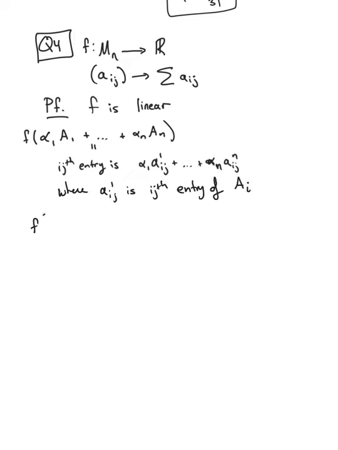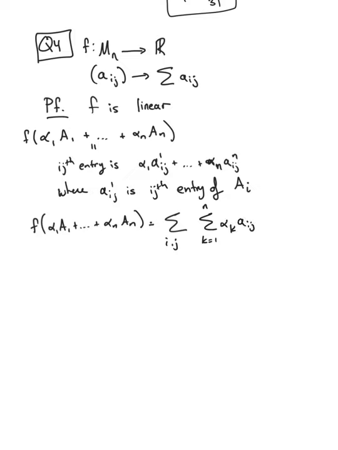Therefore, F of this linear combination of matrices is a sum over all i and j of these terms. We get another sum, k equals 1 to n, alpha k a_ijk.